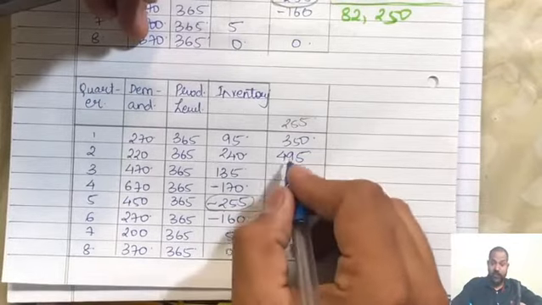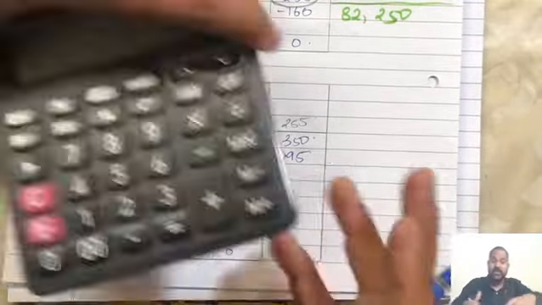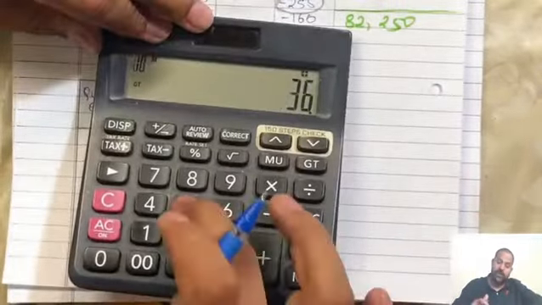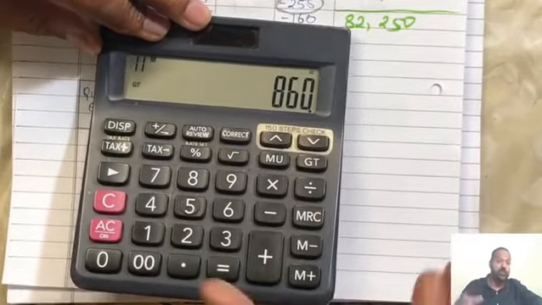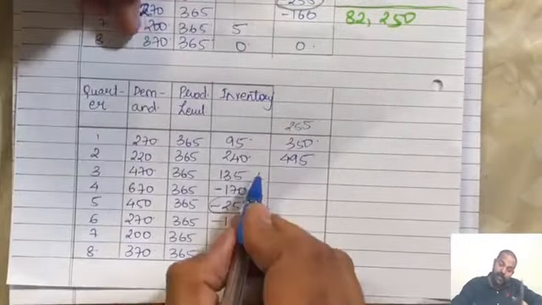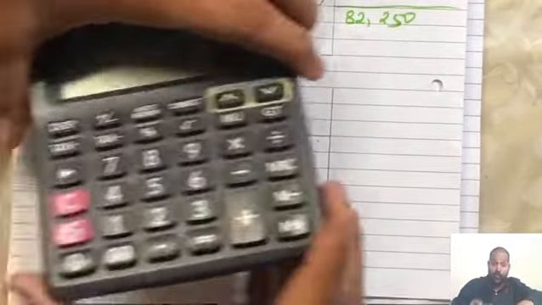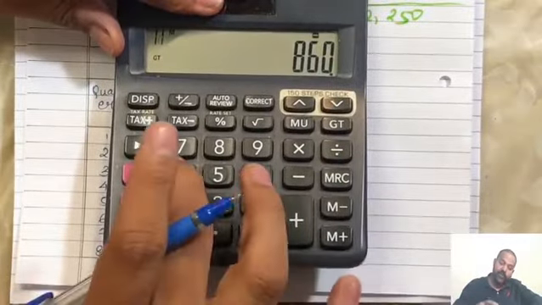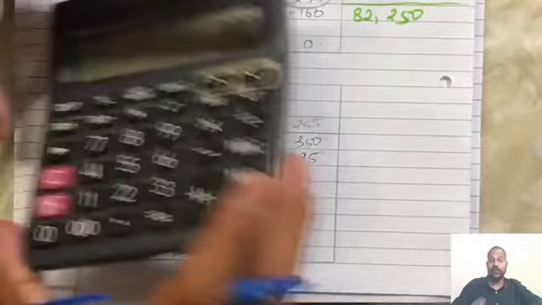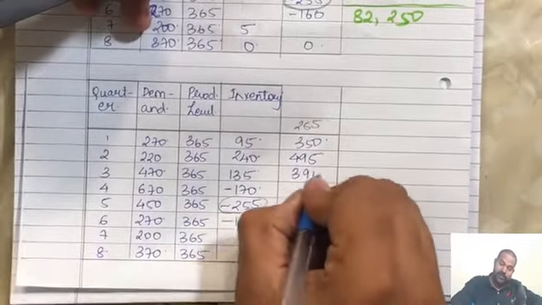The 495 that I already have plus the 365 that I will produce will be a total of 860 units with me. But how much is my demand in that period? 470. Give away 470 from it. You are left with 390 units still with you.